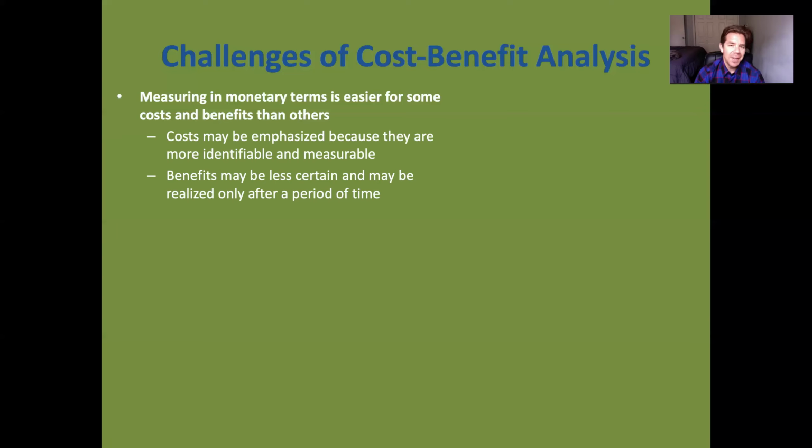But the benefit of addressing climate change, which is a long-term issue, we might not really experience the full extent of those benefits for maybe 100 years from now, right? And so it's very difficult to come up with a really accurate value for benefits in some cases, right?